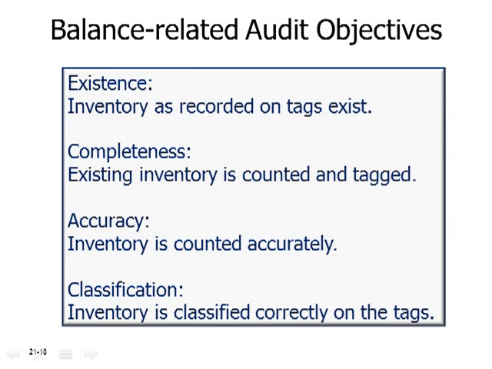And so when we're auditing balance sheet accounts, we're looking for assertions related to the existence of inventory, that it is recorded as it exists, that inventory is counted and tagged, its completeness, that it's counted accurately, or its accuracy, and then that it's classified correctly, and that's the classification.